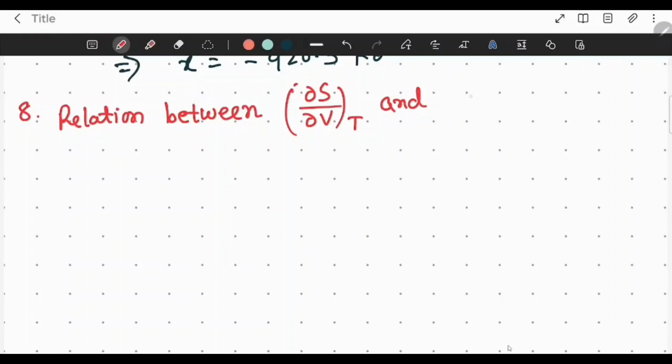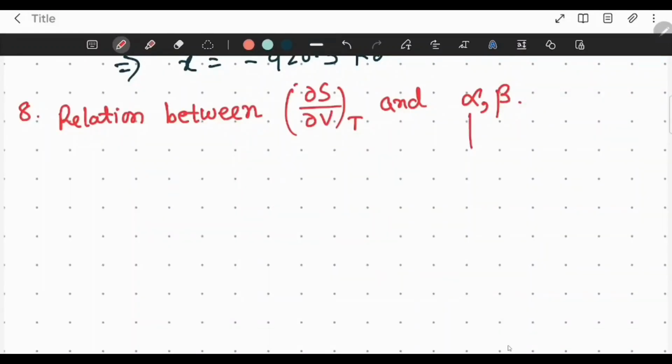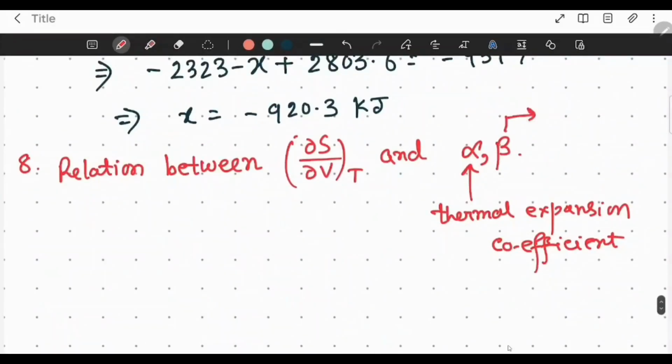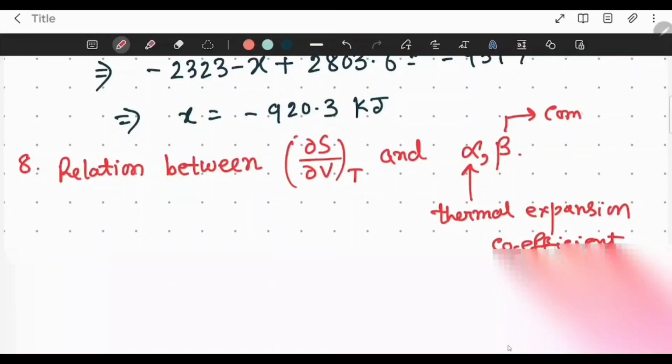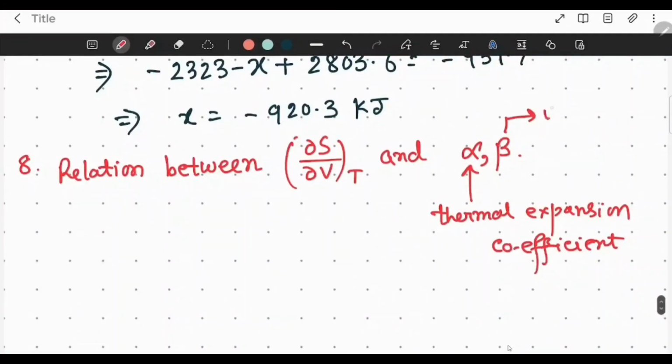And alpha and beta. What are alpha and beta? Alpha is our thermal expansion coefficient. And beta is the thermal compressibility.